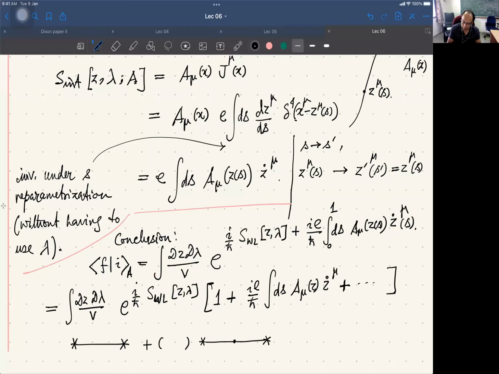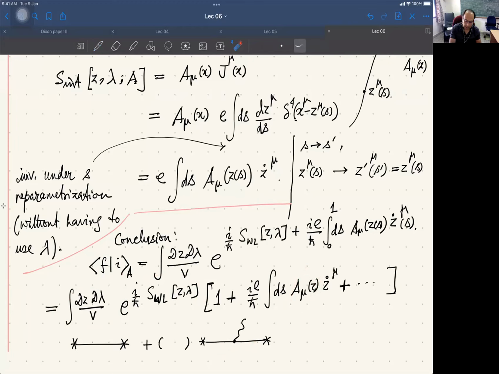Connected to that insertion is some background A^μ field that is coming in. The strength of that insertion is given by A^μ at that point.